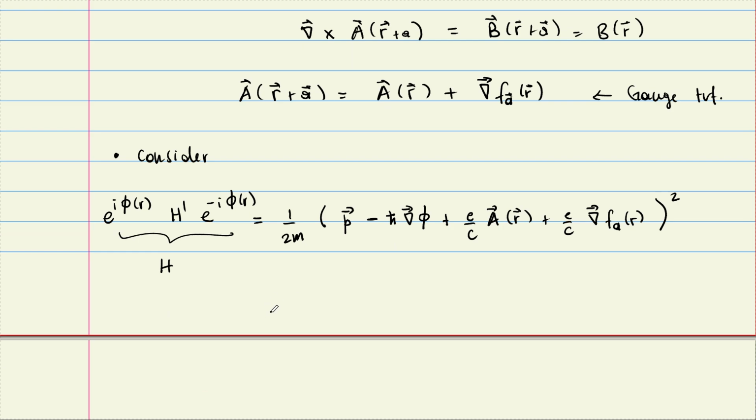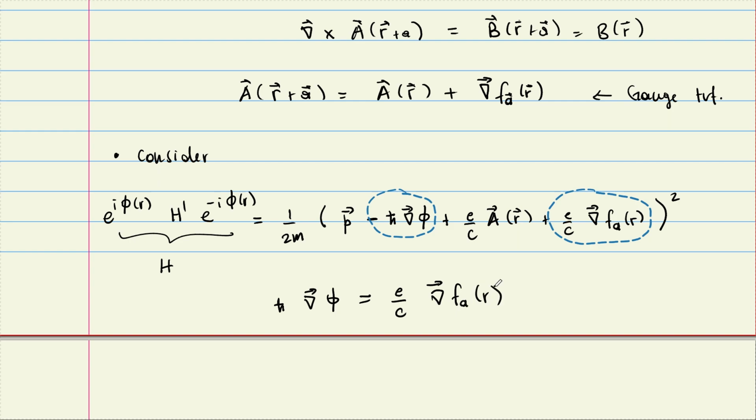For this to happen, h bar del phi should be, so this piece and this piece, if they cancel each other, I'm back to the original Hamiltonian, and for this to happen, I'm going to have e over c gradient f a of r.